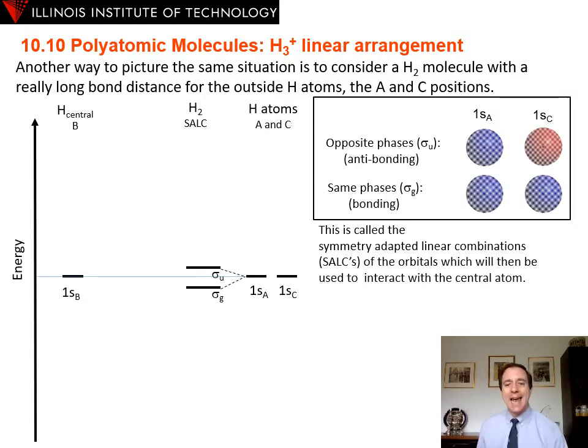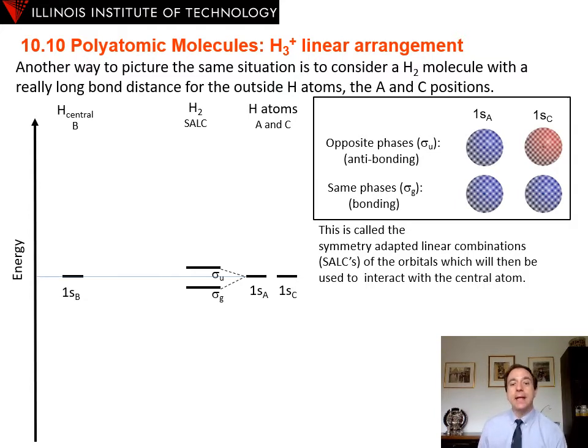If we drop it in as a red orbital, a negative sign, it's going to positively interact with the C orbital and negatively interact with the A and have a net non-bonding. So it doesn't interact with that upper level. It only interacts with the bottom one, the one where both the 1sA and 1sC are blue.